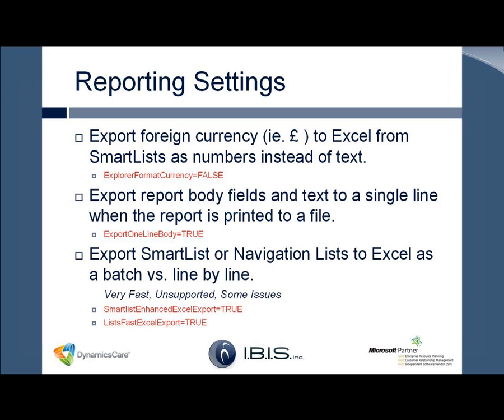Well, if you change this setting, export one line body equals true, then any text reports that you export to a CSV, instead of wrapping those lines, will be one big long line. So all you really have to do at that point is strip off the headers and split the line out in Excel. So if you're having to carve those things up, this can definitely save you some time.